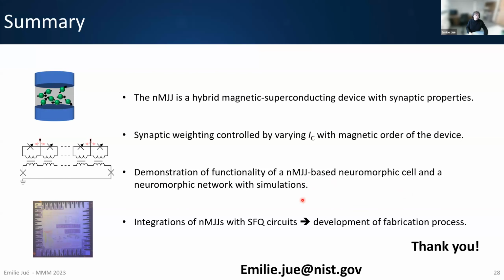This work has been done with simulations, and we are now working on the next step, which is to move from simulation to experiments. We need to work more on the integration of the nanoclustered magnetic Josephson junction with single flux quantum circuits, and for that, we are still working on the development of the fabrication process.